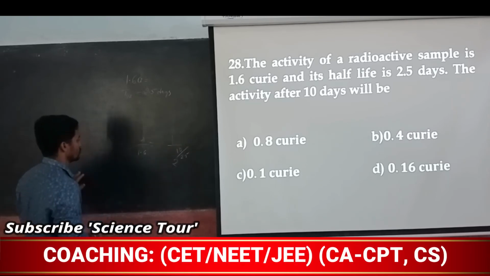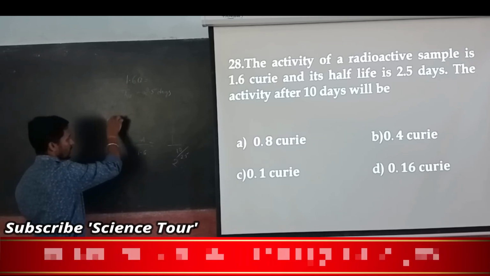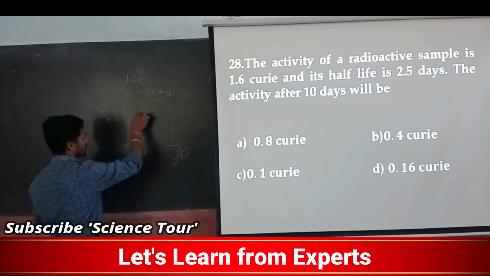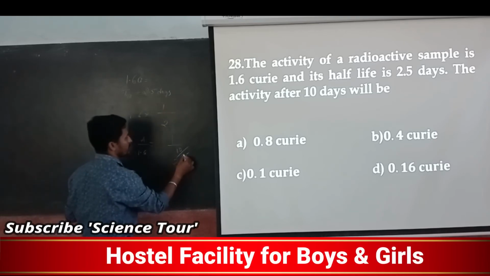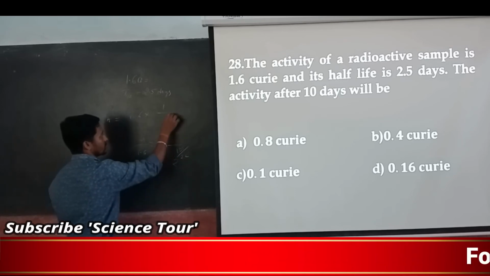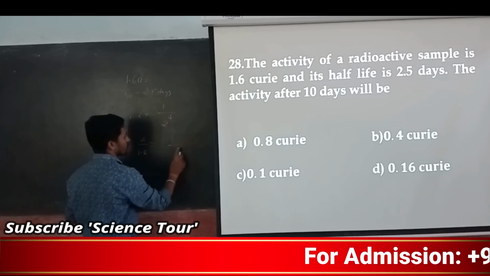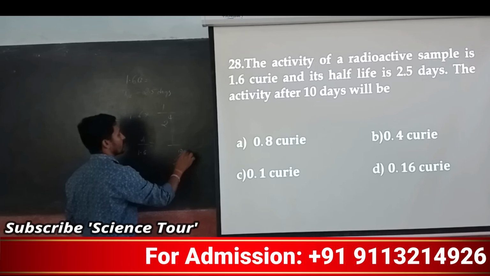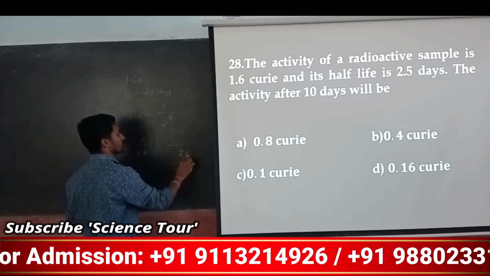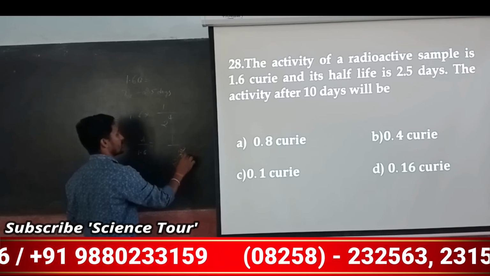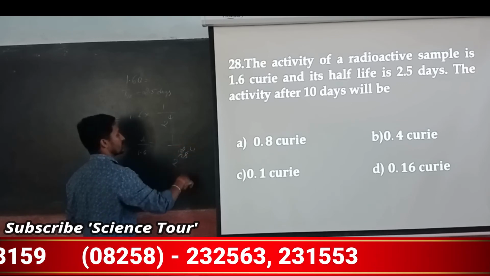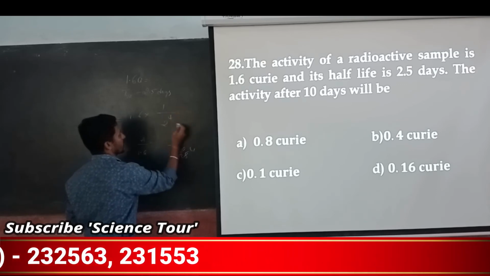So A is equal to 1.6 into 1 divided by 2 to the power 10 by 2.5. It is 100 divided by 25, that is 4, isn't it? So 2 to the power 4. I shift the decimal point, or multiply by 10, so 100 divided by 25, 25 fours are 100, so it will be 2 to the power 4.